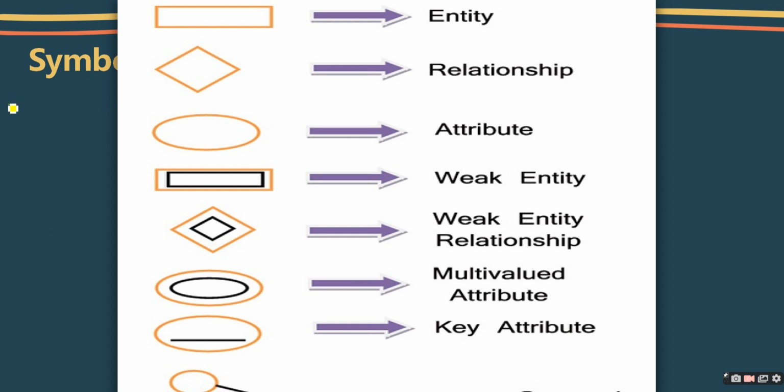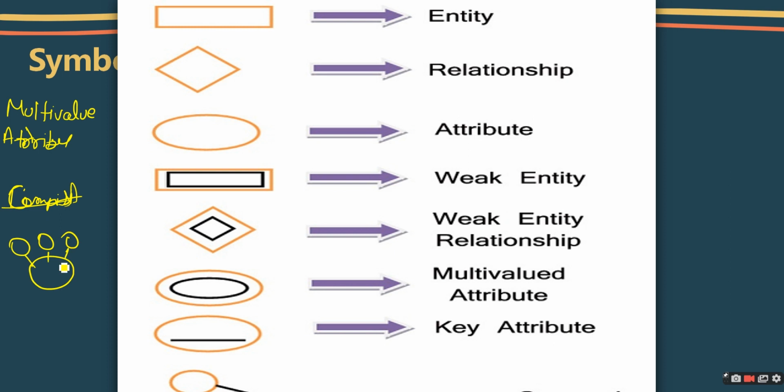So there is a difference between a multi-valued attribute and a composite attribute. A composite attribute is a combination of multiple attributes, okay?